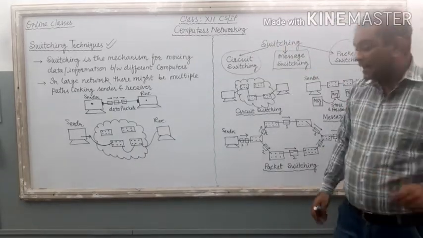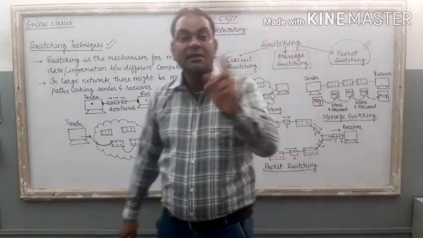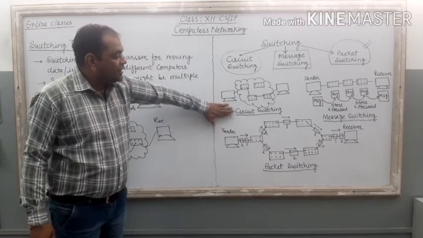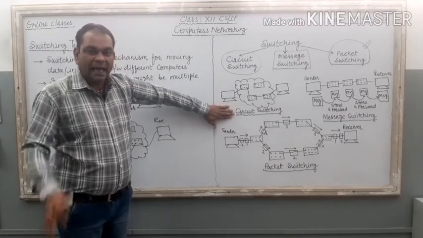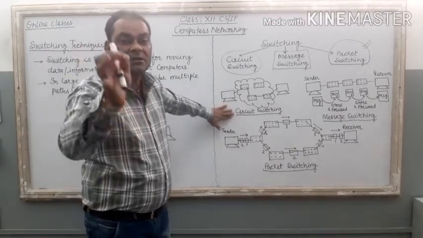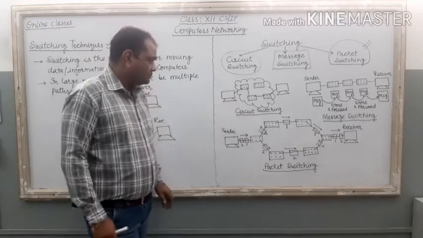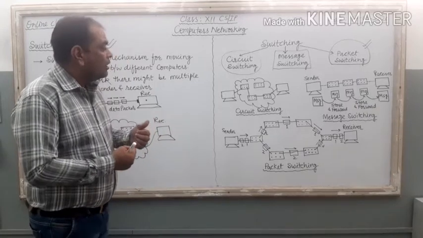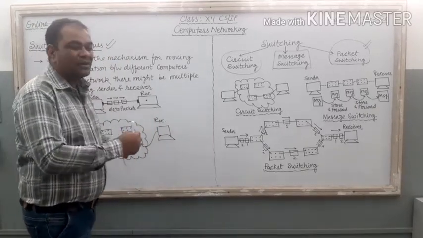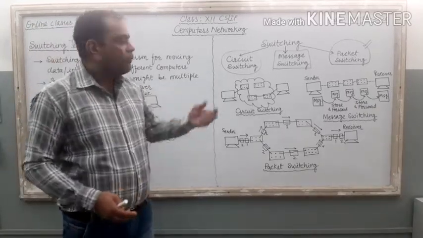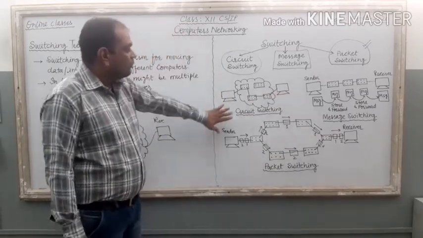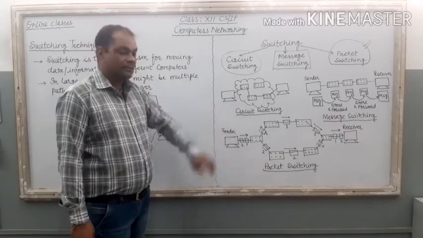What is there in circuit switching technique? What are the essentials that are required in this technique? Now, just see this diagram. It is circuit switching. An example of circuit switching is voice call. Here, by using circuit switching, we will discuss how a computer sends the data from one portion to another. Clear? Now, what is there in circuit switching?